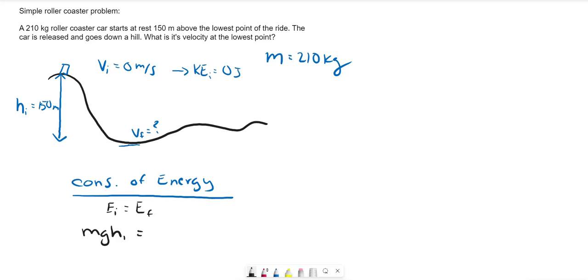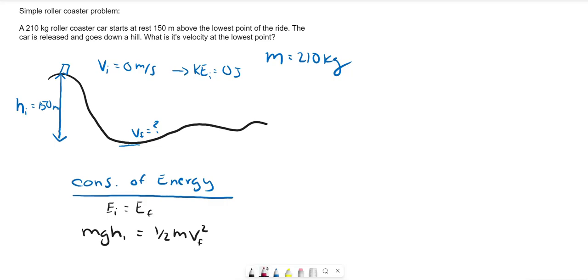So that's all of the initial energy, and that has to equal the final energy, which we know is going to be completely kinetic energy because our height is now 0. We're at the bottom, so mgh would be 0. And so our kinetic energy is going to be 1/2 mv squared. And we just want to solve for this velocity using this equation.